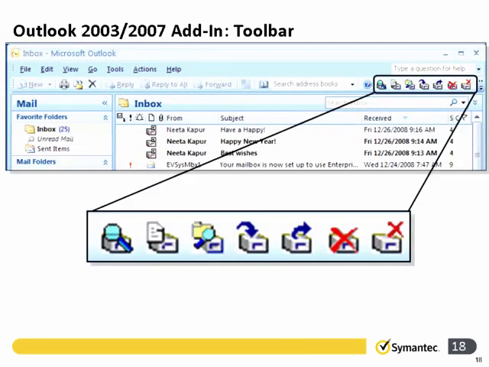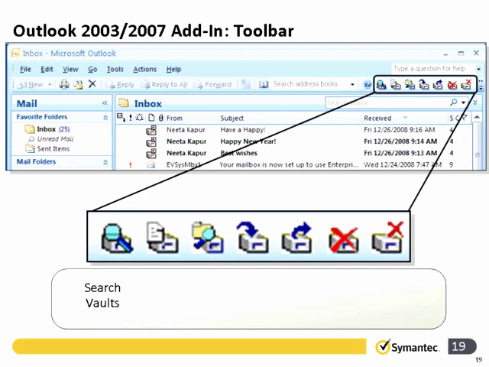We also will have on the Outlook toolbar, based upon what is configured in your desktop policy that's being applied to you, and we'll be looking at that desktop policy a little bit later in this lesson. But based upon what is being set up for your provisioning group with your desktop policy, you can see a variety of different icons on the Outlook add-in toolbar. On this toolbar, you have the option of seeing the Search Vaults icon, which gives you the capability of opening up the integrated search in Outlook.